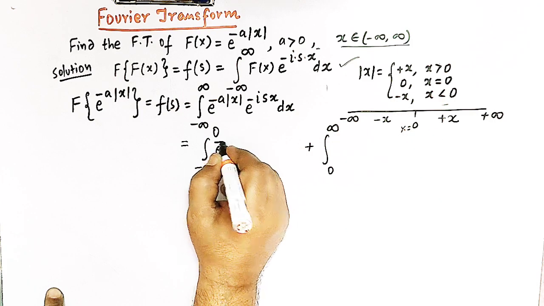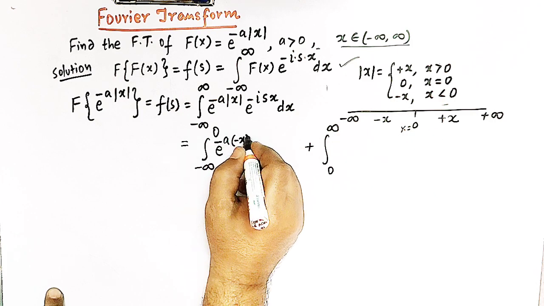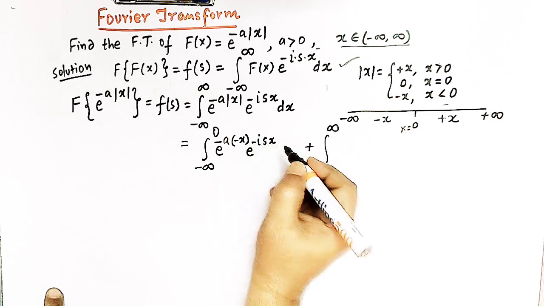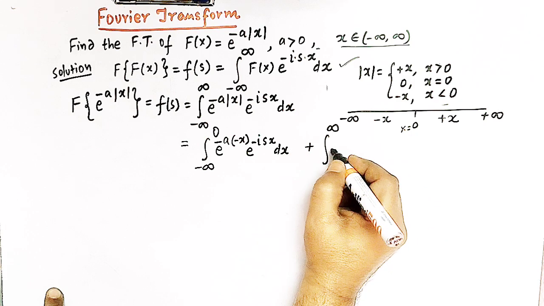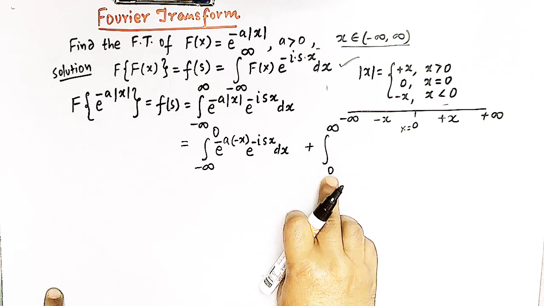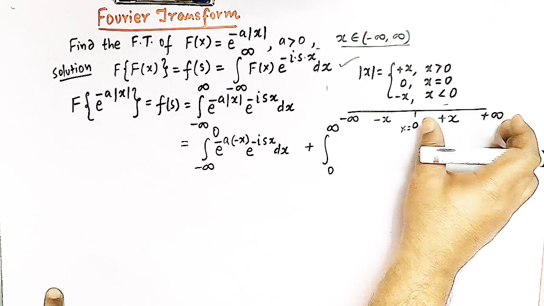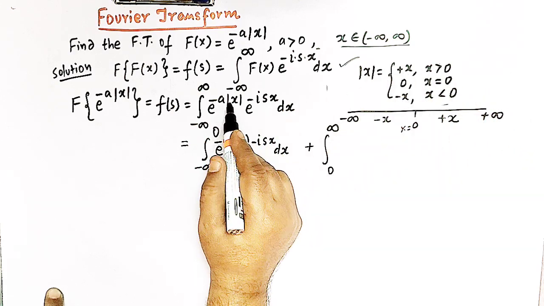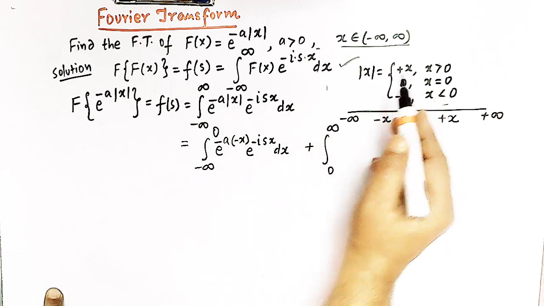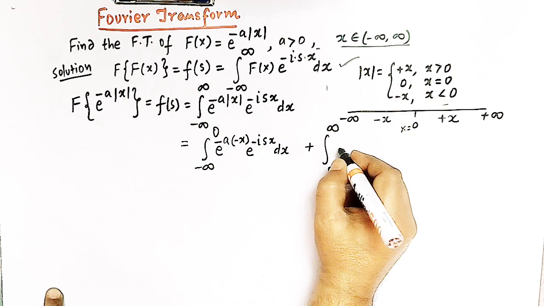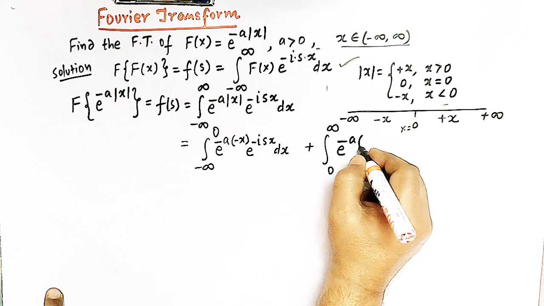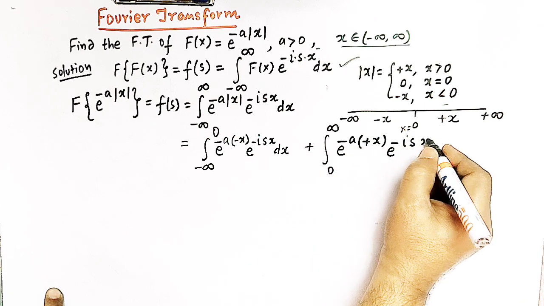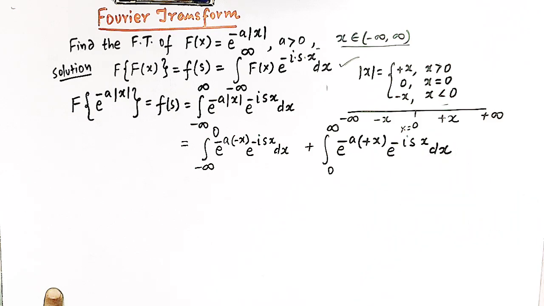So here we have e raised to minus a times minus x, and e raised to minus i times s times x and dx. And when we go from 0 to infinity, all the values of x are greater than 0, then mod of x is positive x. So here we will replace mod of x by positive x. So here we have e raised to minus a times x, and e raised to minus i times s times x, and here we have dx.